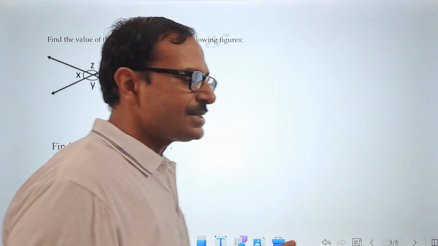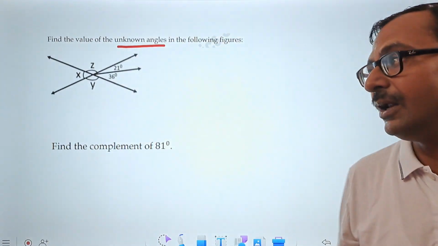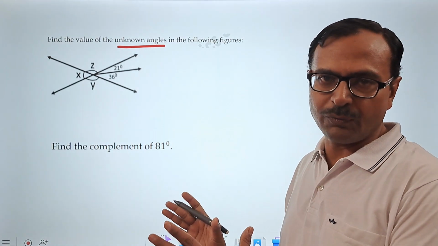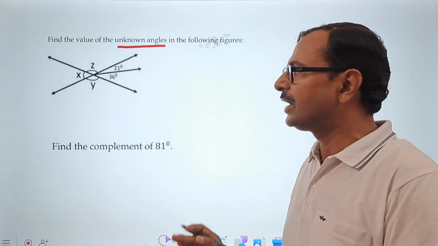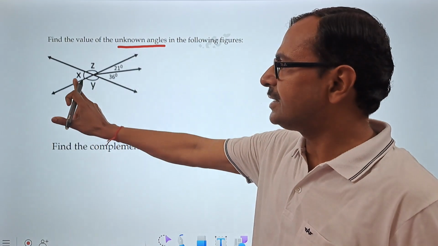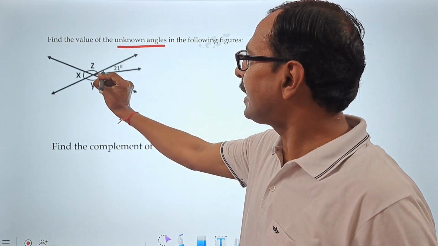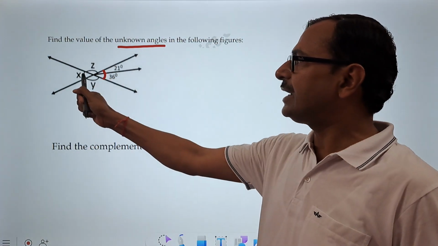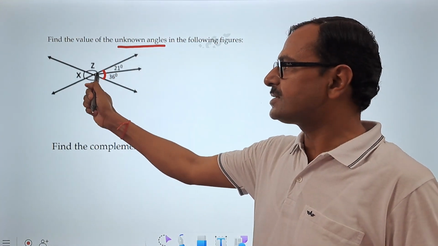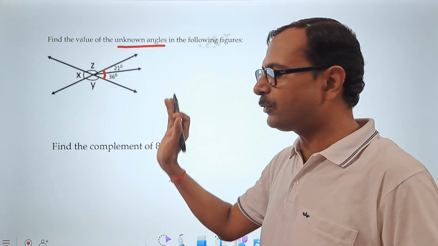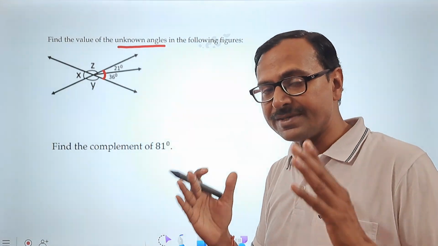And the concept of vertically opposite angles and the linear pair, these are the basic concepts which everybody should know for solving these questions. This angle x, and the complete angle, this part, are vertically opposite angles because they are on the opposite side of this vertex, and therefore the vertically opposite angles are always equal.